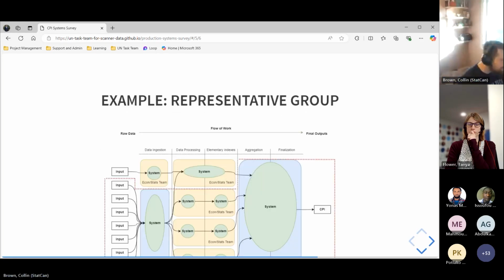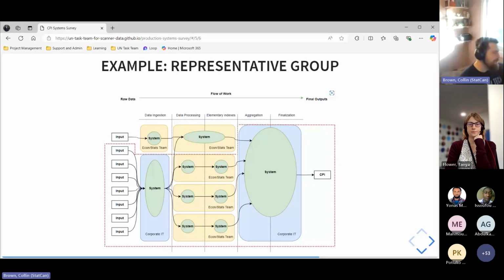So anyway, this example here, we're showing there's this red dotted line around a subset of that system diagram, and the idea here is it's a group of systems that represent an important share of the CPI calculation, and there's subsets of these that behave in a similar way.